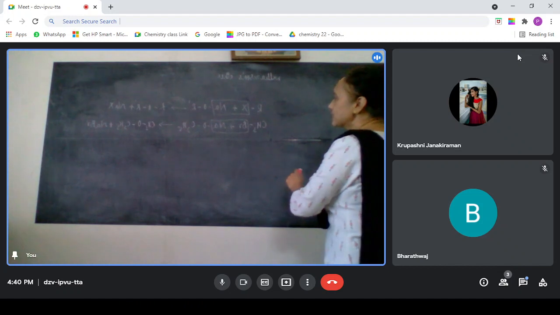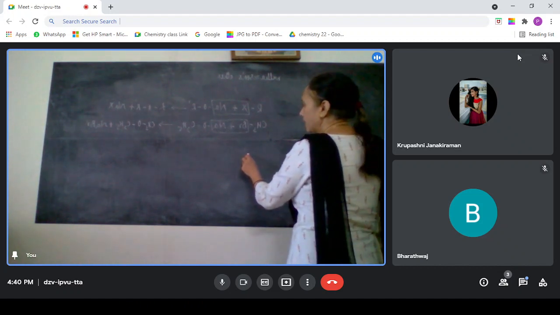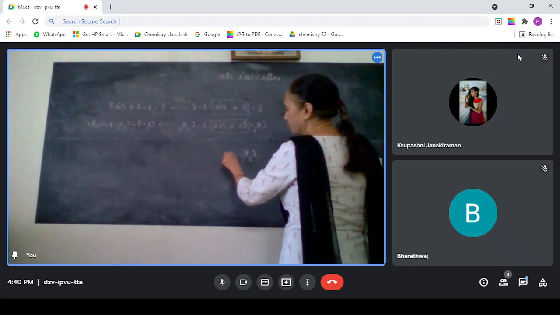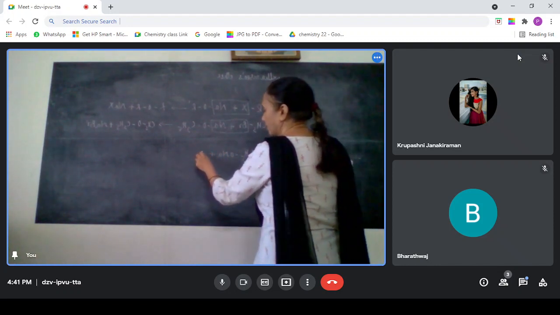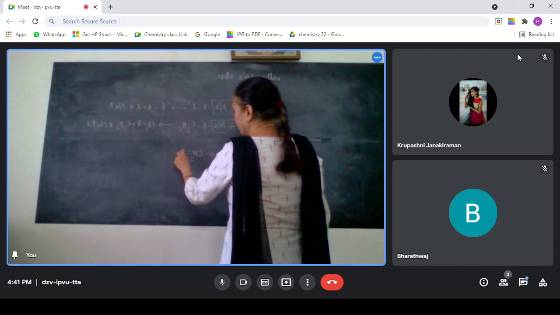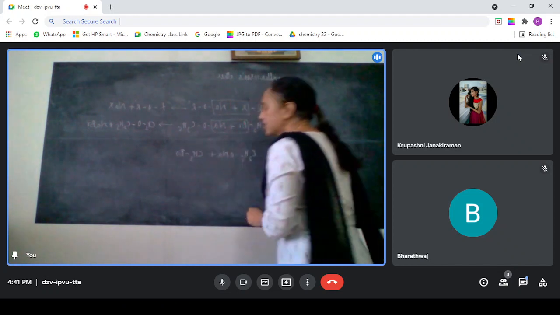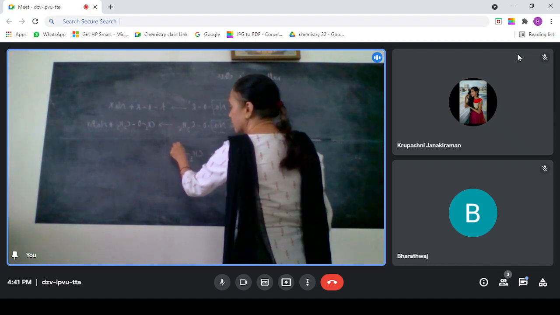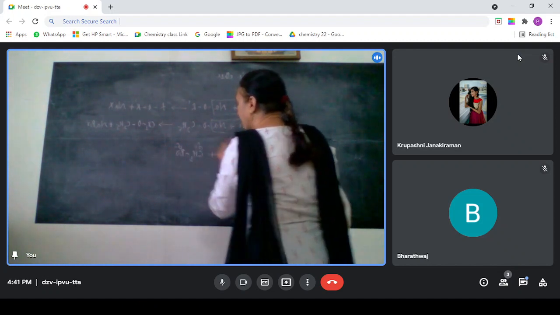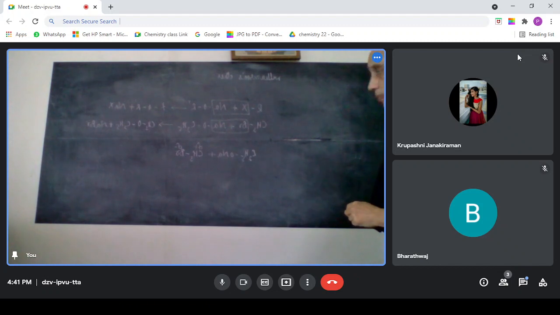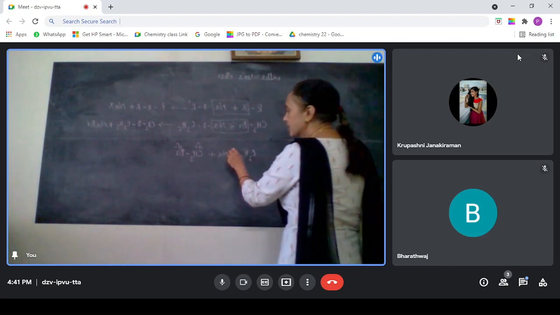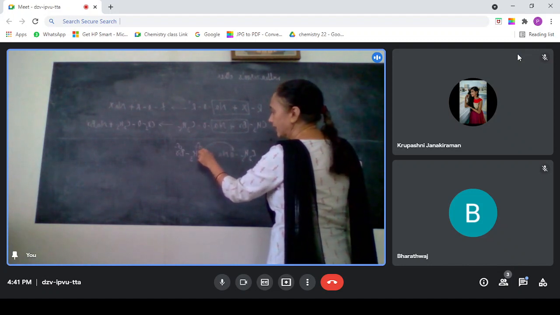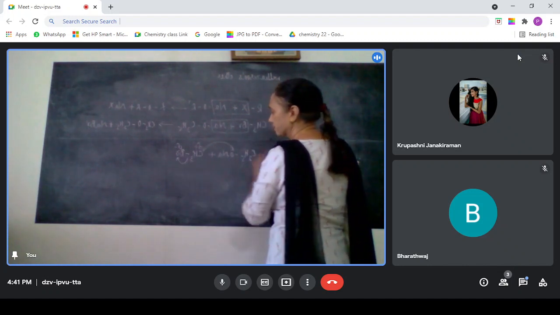What happens in this is that the sodium alkoxide, because of the inductive effect, this will develop a negative charge and this will develop a partial positive charge. When this develops a partial positive charge, the pair of electrons on oxygen will attack this and you remove this.